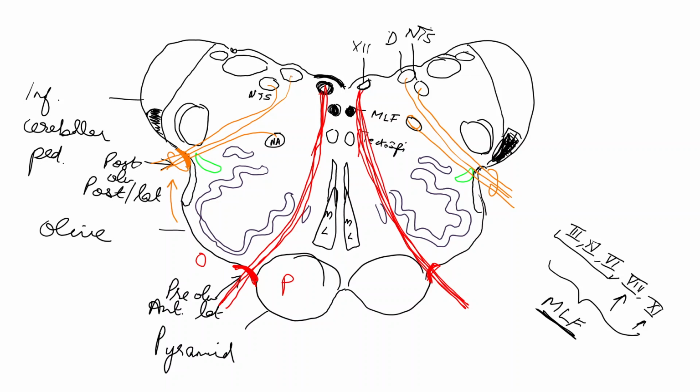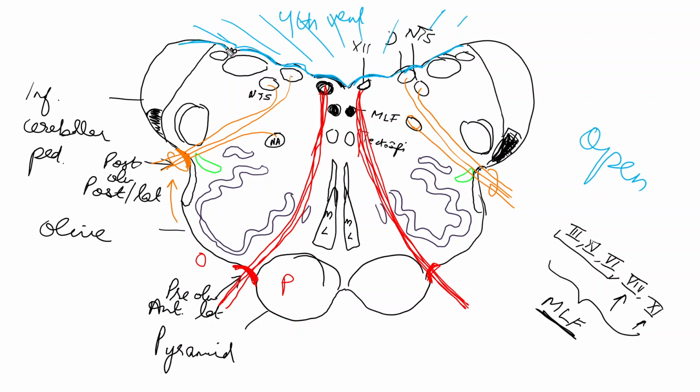Okay, and this whole space behind the medulla, the open part of the medulla, this whole space is the fourth ventricle. This surface of the medulla is actually forming the floor of the fourth ventricle, whereas behind this the cerebellum will form the roof of the fourth ventricle.